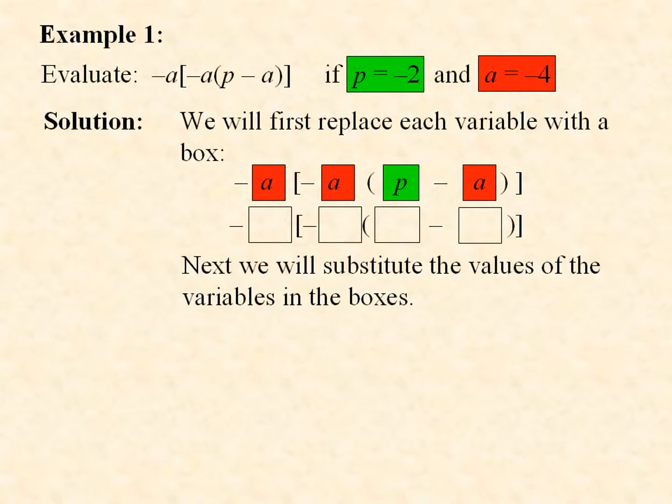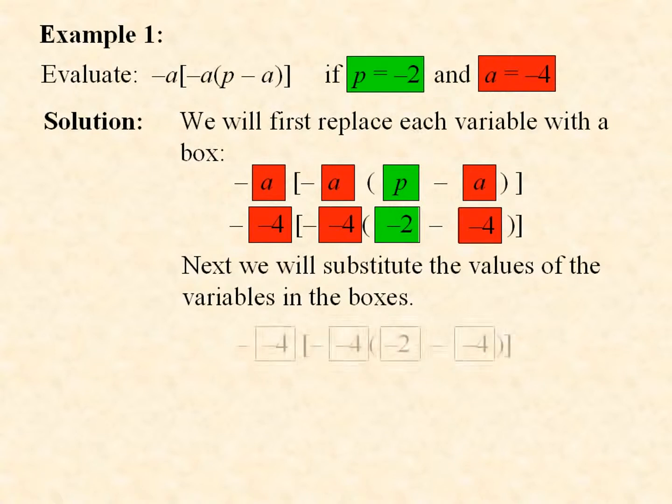We have p is -2, highlighted in green, and a is -4, highlighted in red. There are 3 places where the a occurs, so we put the -4 in each of those places, and in the one place where the p occurs, we put the -2. So it looks like this if we write it on paper.